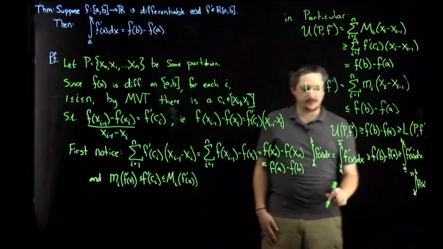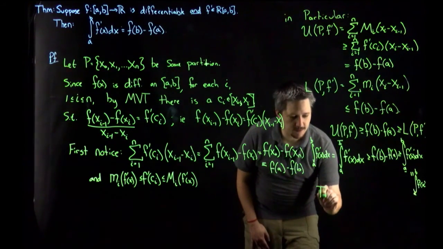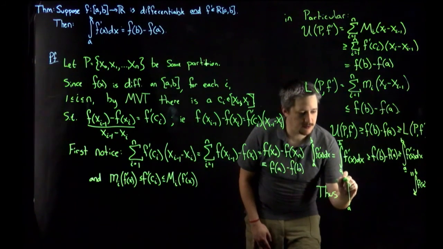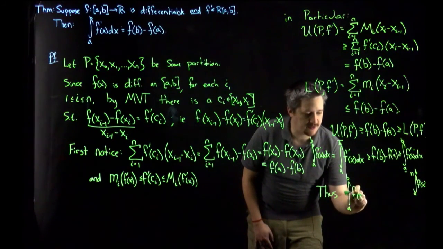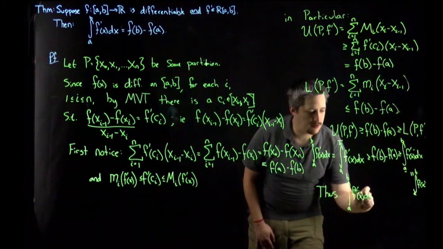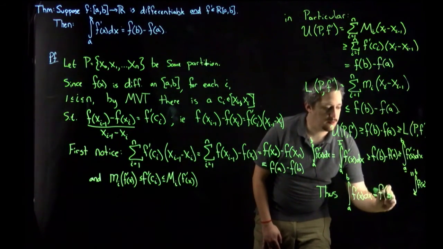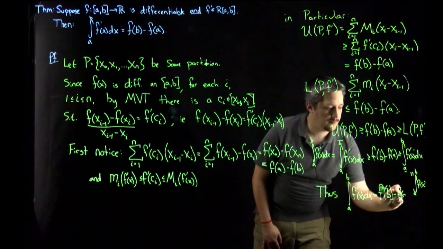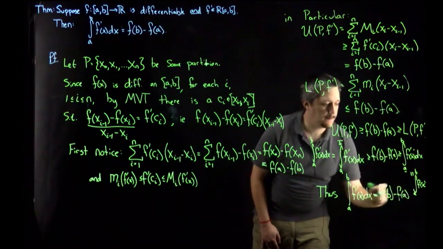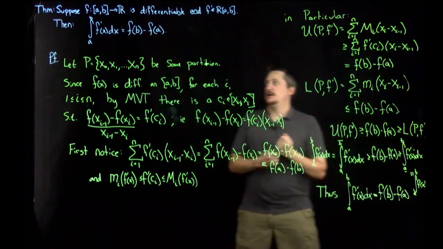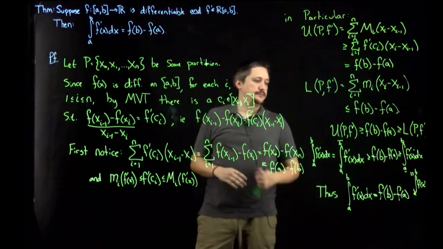So by the squeeze theorem, thus, this integral, a to b of f prime of x dx, is indeed equal to f of b minus f of a. Okay? And that's exactly what we wanted to show.